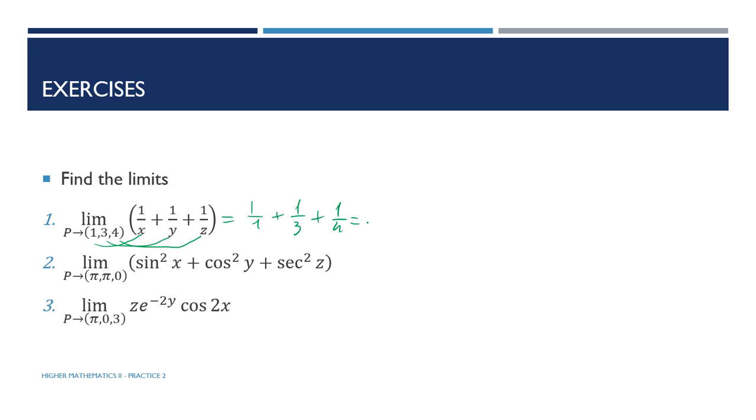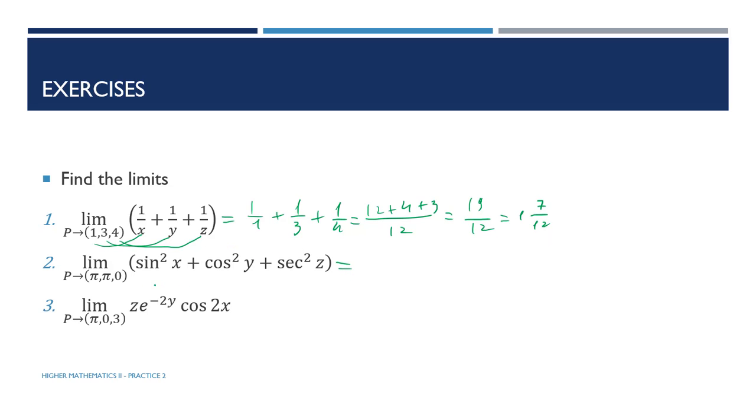Common denominator will be 12. 12 over 1 gives me 12 itself, plus 4 plus 3, 7, 19 over 12. Yeah, this is how we calculate the limits of triple variable functions.